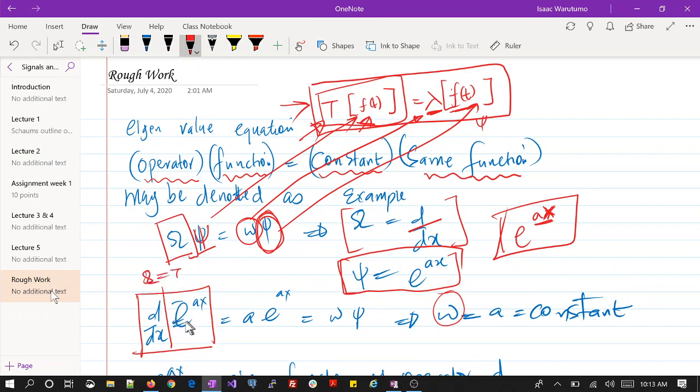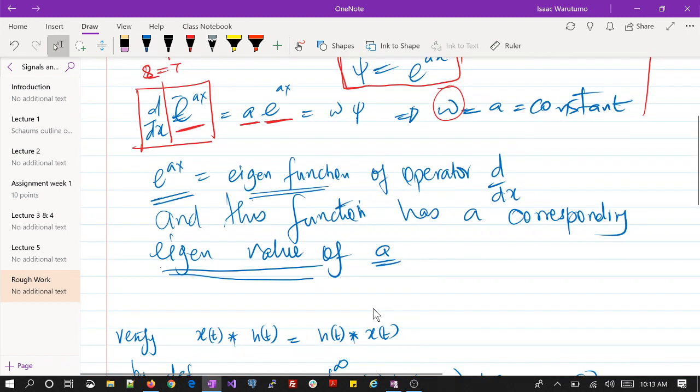Then if it acts on this function f(x), it will give us a constant a, and the constant a will multiply our original function e^(ax). Therefore, this equation that we defined up here is satisfied, and if the eigenvalue equation is satisfied, then we say that e^(ax) is an eigenfunction of the operator d/dx having eigenvalue a.